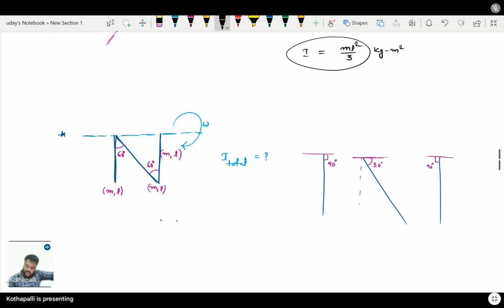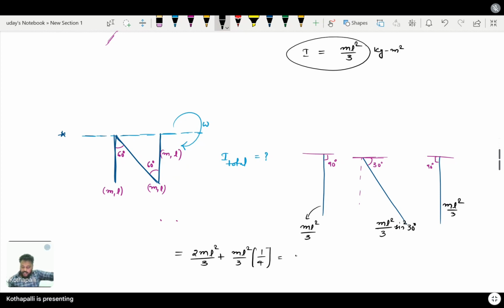So the moment of inertia of this is directly ML square by 3. The moment of inertia of this is ML square by 3 sine square 30. The moment of inertia of this is ML square by 3. Now the total moment of inertia is 2 ML square by 3 plus ML square by 3 sine square 30, which is 1 by 4.